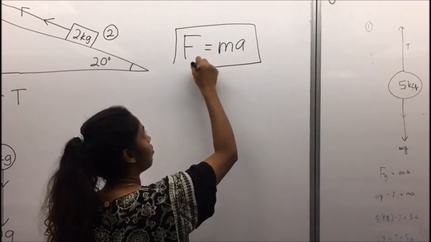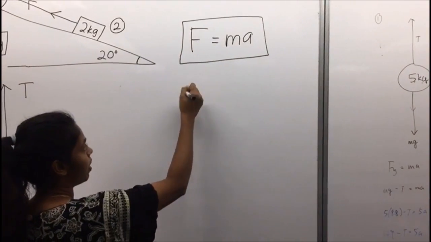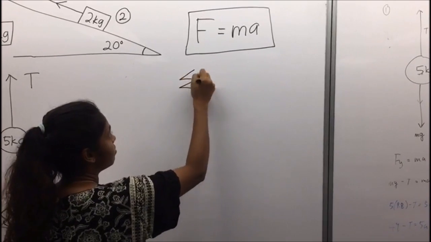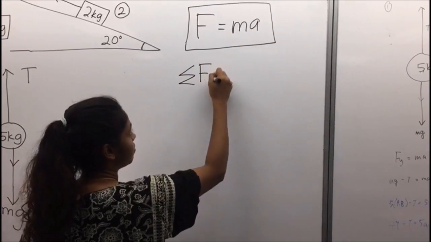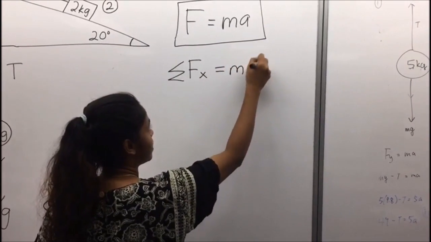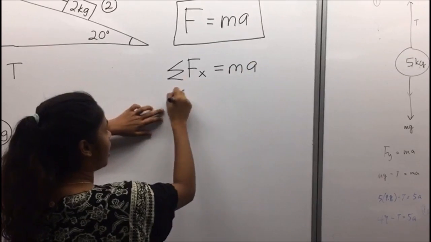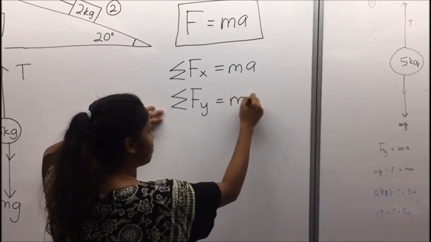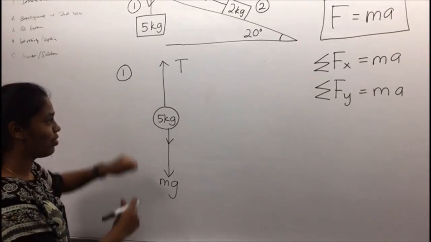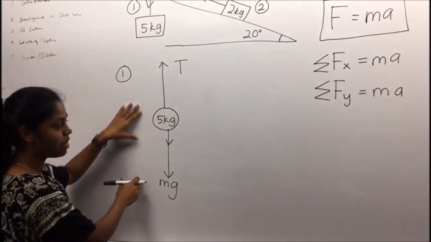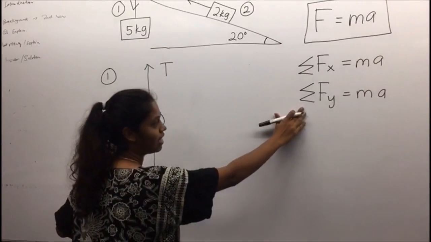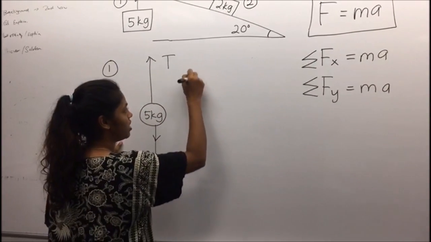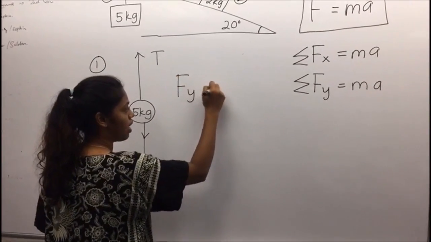For this equation, there are two parts: the x component, Fx equals ma, and the y component, Fy equals ma, depending on the question. For our first free body diagram, we will be using the second equation, Fy equals ma.